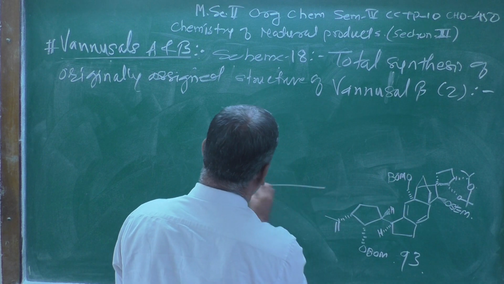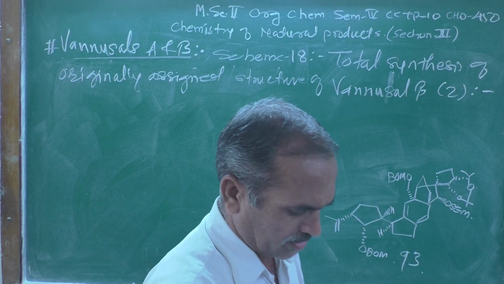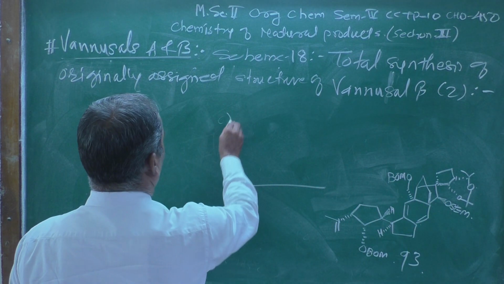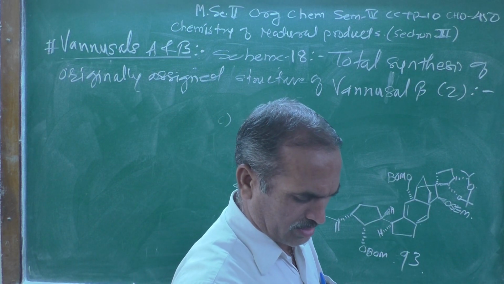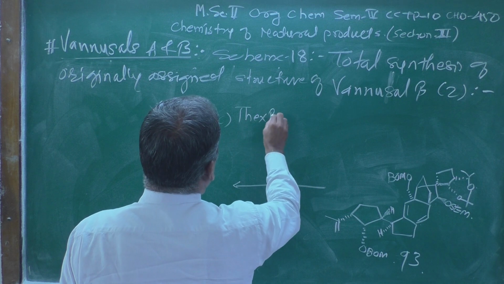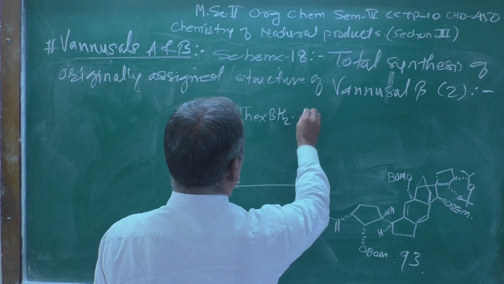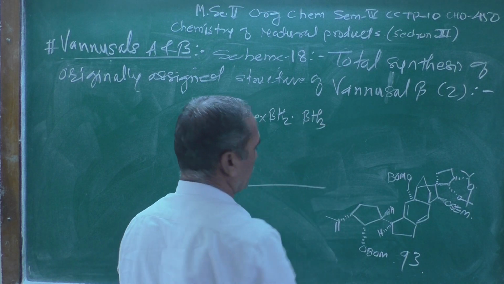On 93, when the reagents are added, C reagent will be ThexBH2 and BH3.